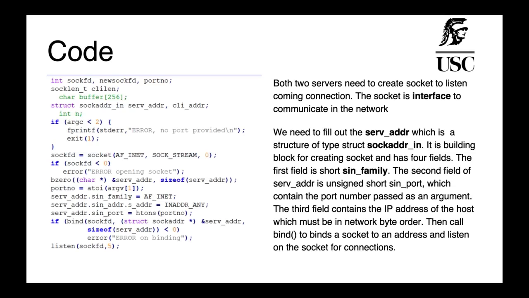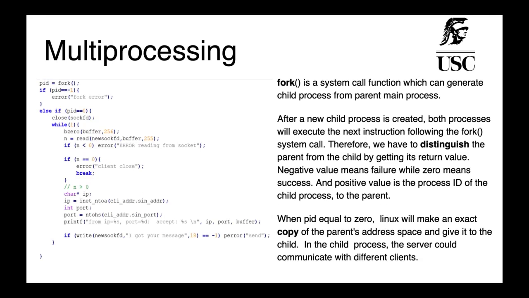The next part of our important code is multiprocessing. The fork is a system call function which can generate a child process from the parent main process. So basically we are creating a child socket for data transmission.